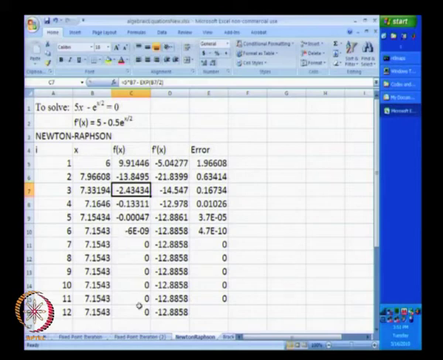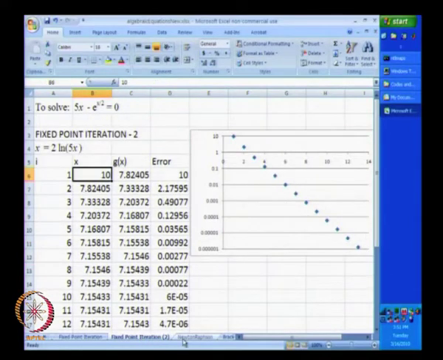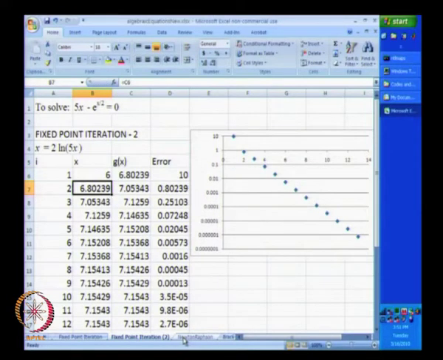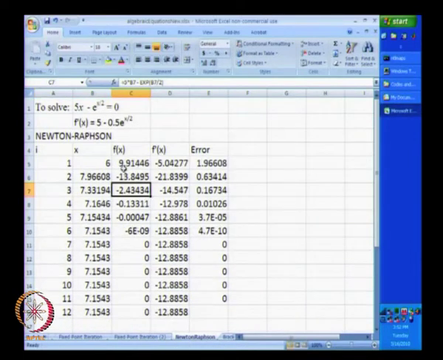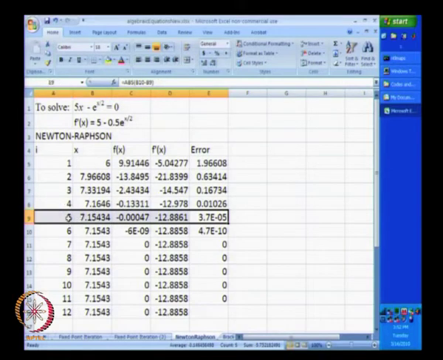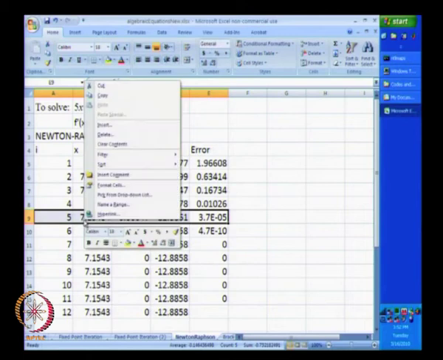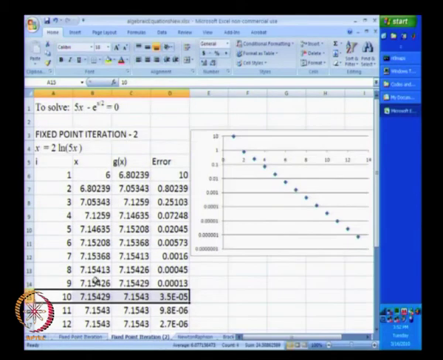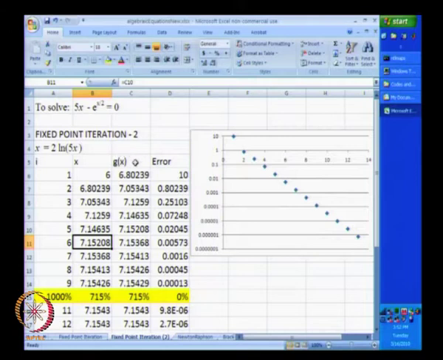Nonetheless, when we compare this method with the fixed point iteration method with the same initial condition of 6, fixed point iteration requires approximately 10 iterations to reach the desired accuracy of 10 to the power -4 or lesser, whereas Newton-Raphson's method reaches the desired accuracy in 5 iterations.